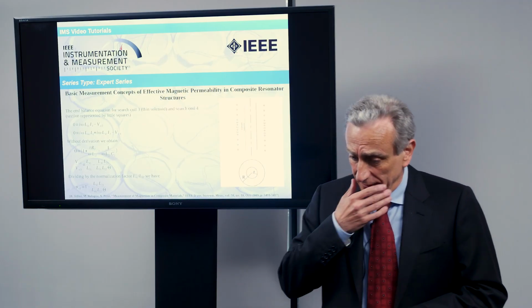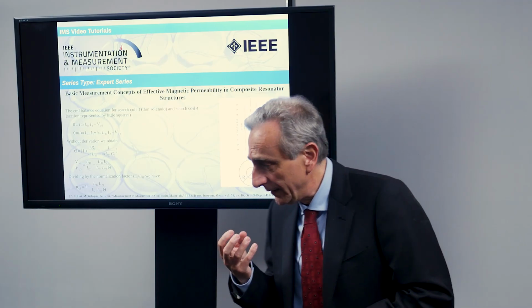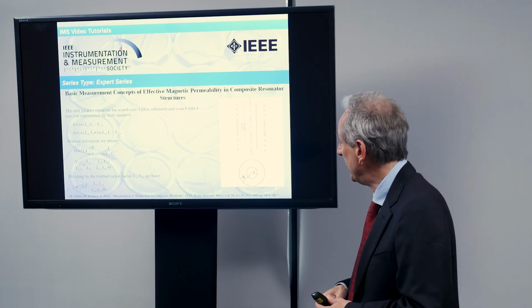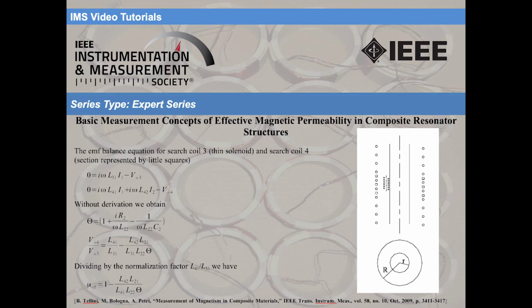What about the basic concept of measuring effective magnetic permeability? Let's consider an indefinite solenoid, here represented by the small circles, that should generate a magnetic field inside the region. Inside the region, we have, represented by these two parallel lines, a conducting cylinder.